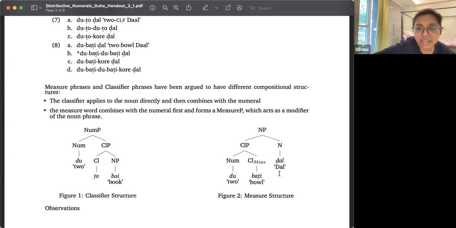Okay, so this was my initial position, and then I thought that, okay, Kore glues together the du bati, that is the measure phrase, and dal, the noun.